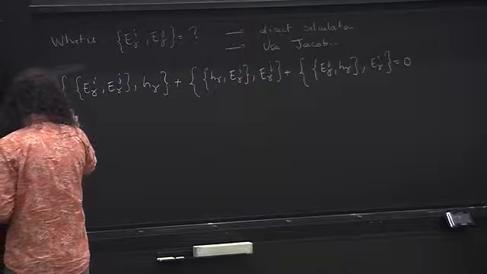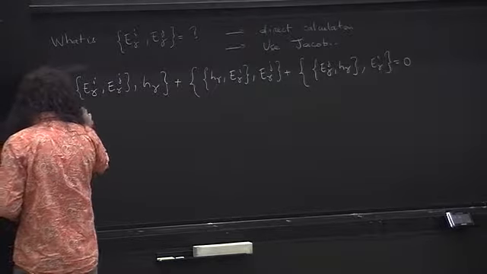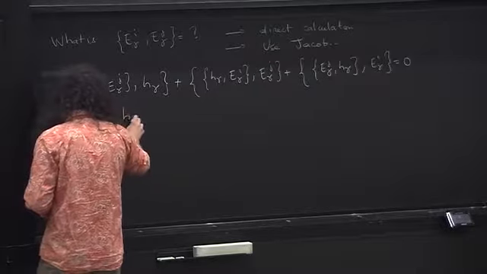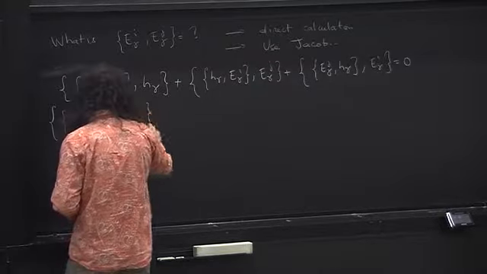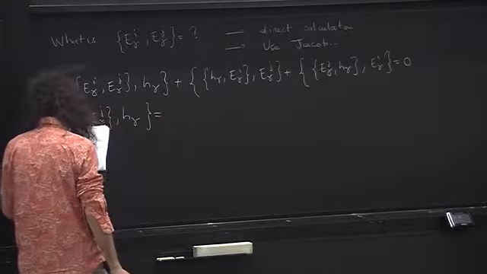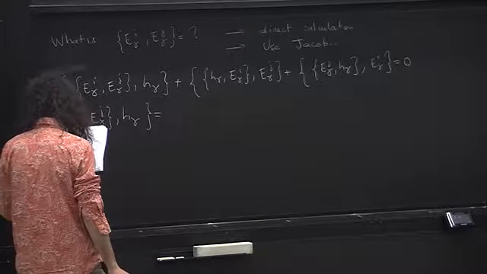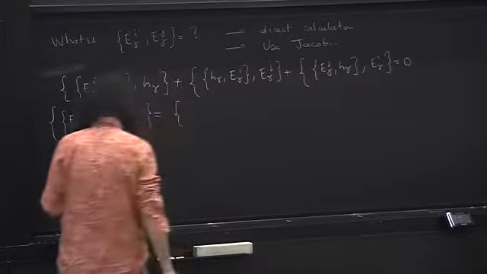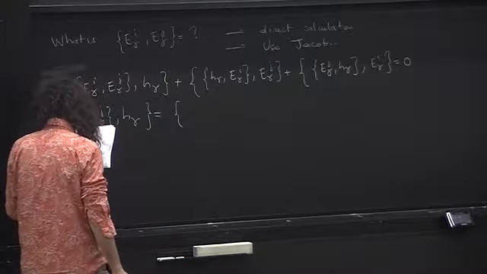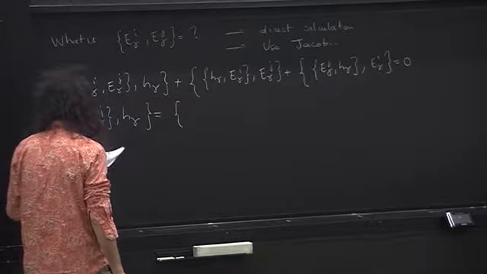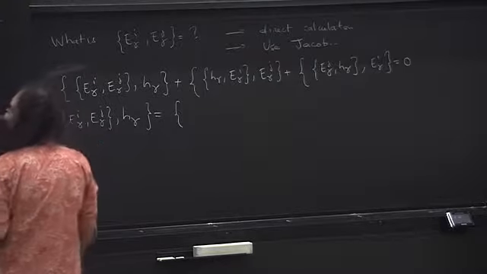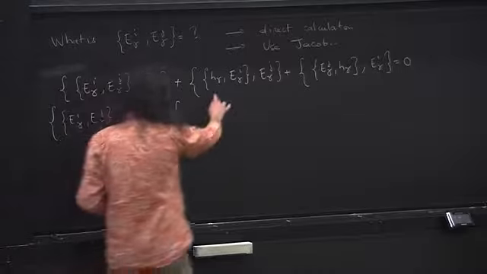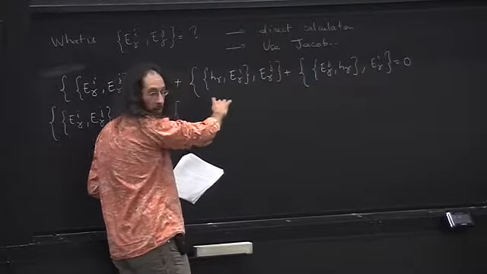So it means {E_γ^i, E_γ^j} with the holonomy is, I can apply here the formula we just got before.